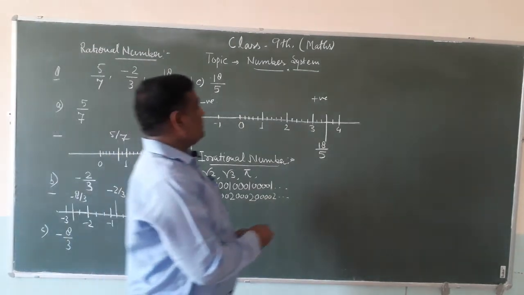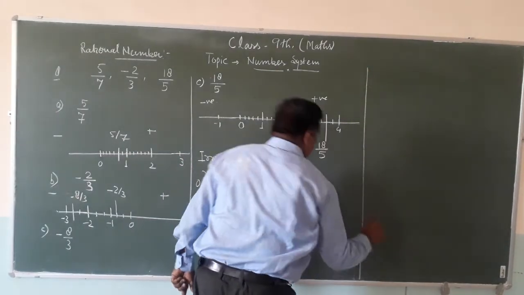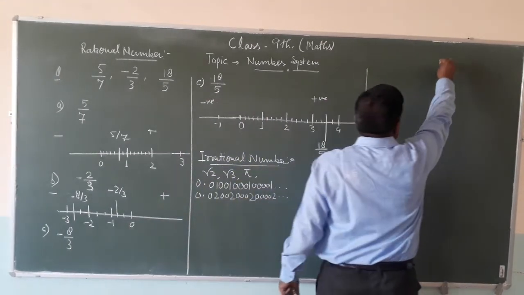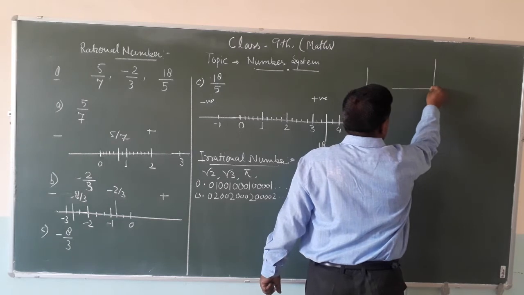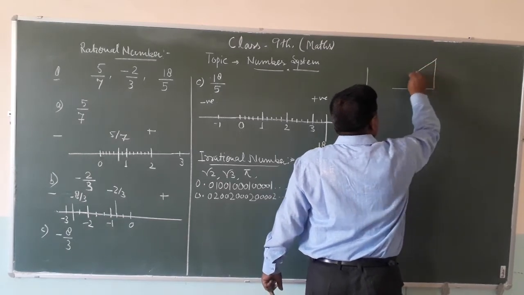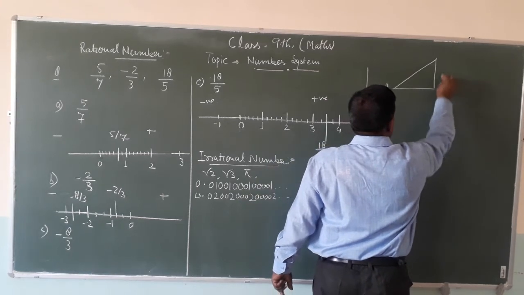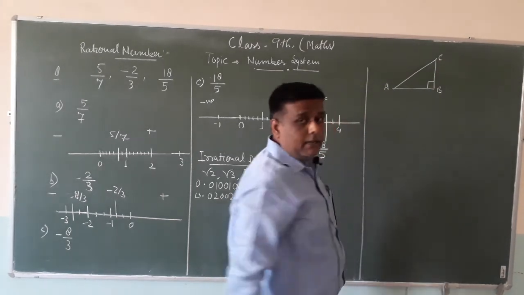So first of all, we can use the Pythagoras theorem in a right angle triangle. In a right angle triangle, one angle is 90 degrees, so this triangle is known as a right angle triangle.